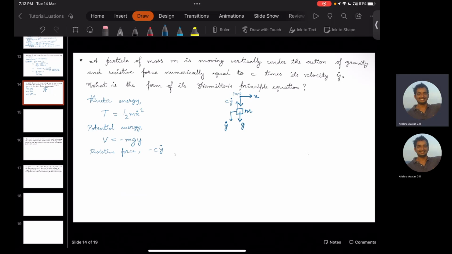So the virtual work done due to this is nothing but minus c y dot del y. I should have written y here. Yeah. So the Hamilton's principle says that, I'll write the Hamilton's principle now.